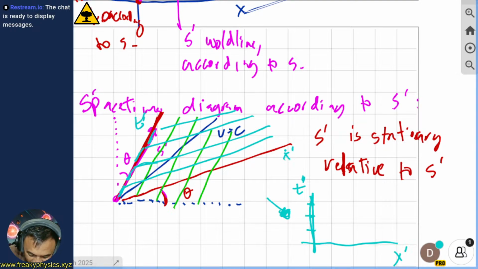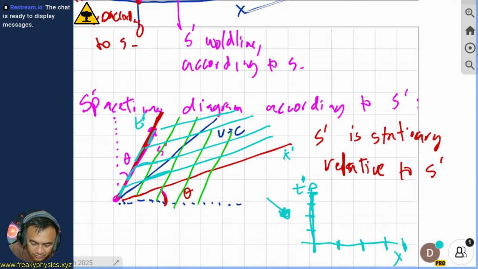So the spacing is now shorter. Similarly, what happens to the x prime coordinate compared to x? That x prime coordinate is longer, so our markings are not going to be here anymore. Our markings will be a bit longer. So something like that.